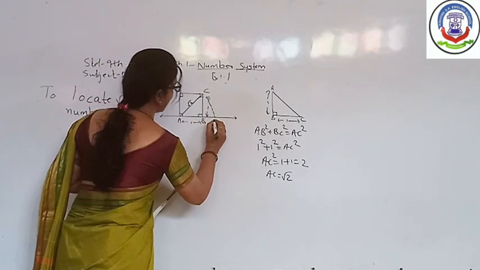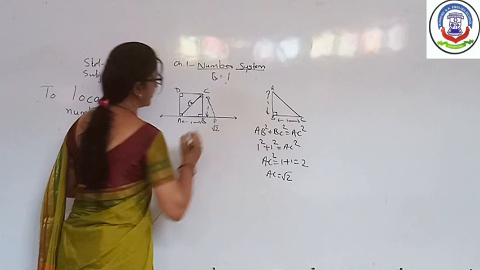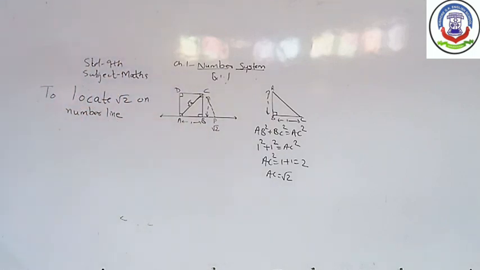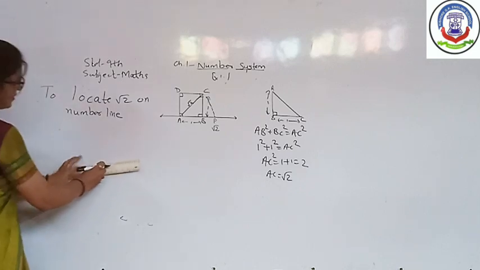So this is the point P, which has value square root 2. Now we will directly locate the point root 2 on the number line.